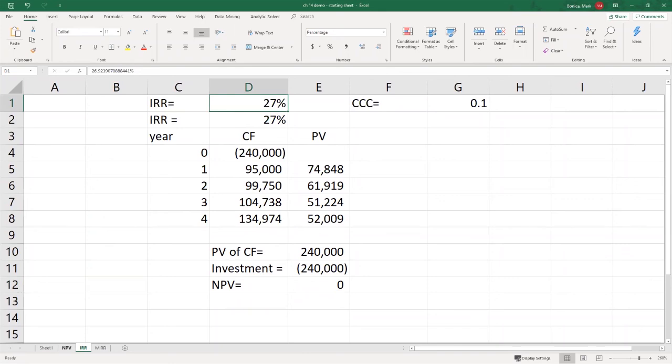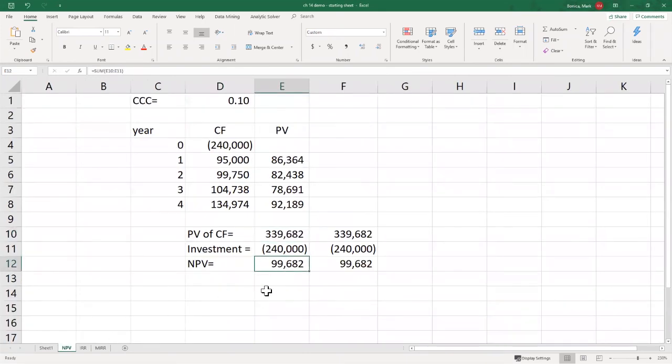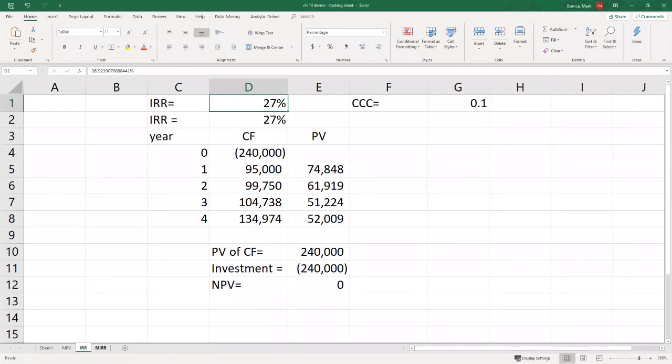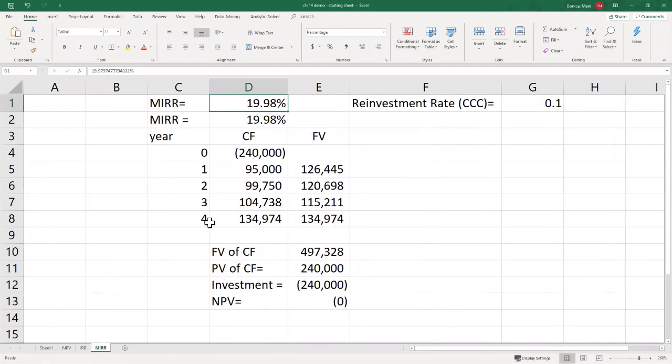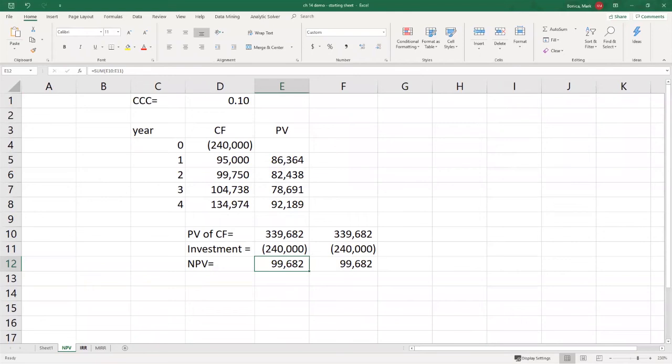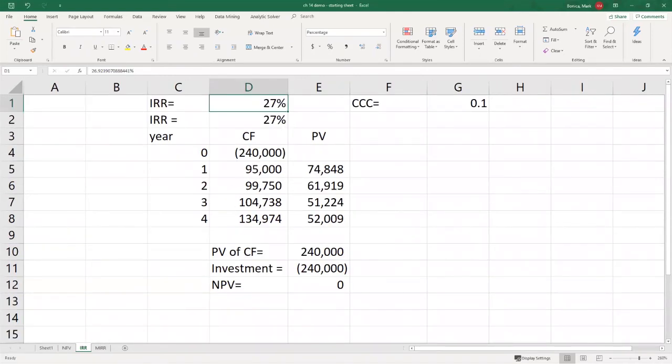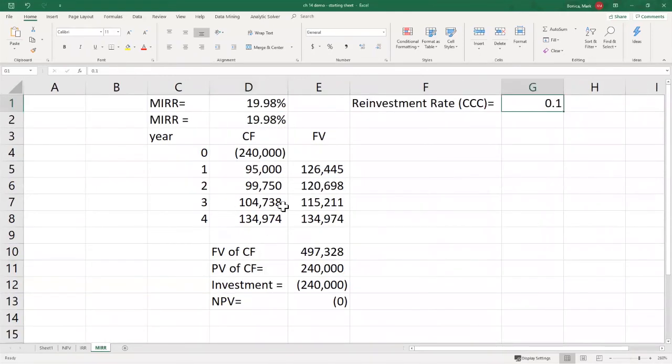So if you have a project with a positive NPV, your IRR is going to almost always be larger than your MIRR, especially if you use the corporate cost of capital as your reinvestment rate. And the opposite is also true. If you have a negative NPV, your IRR will be more negative than your MIRR.